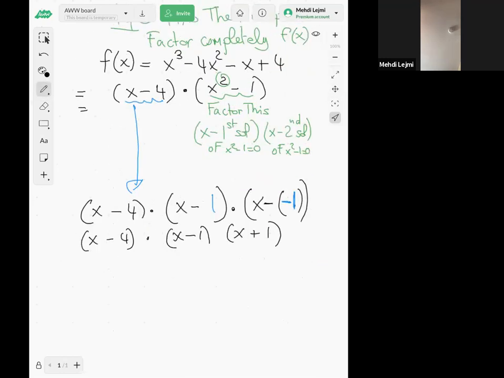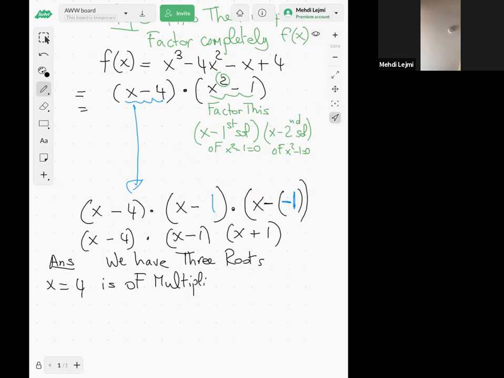So find answer here. We have 3 roots. x equal to positive 4 is of multiplicity 1, because here it's x minus 4 to the power 1.